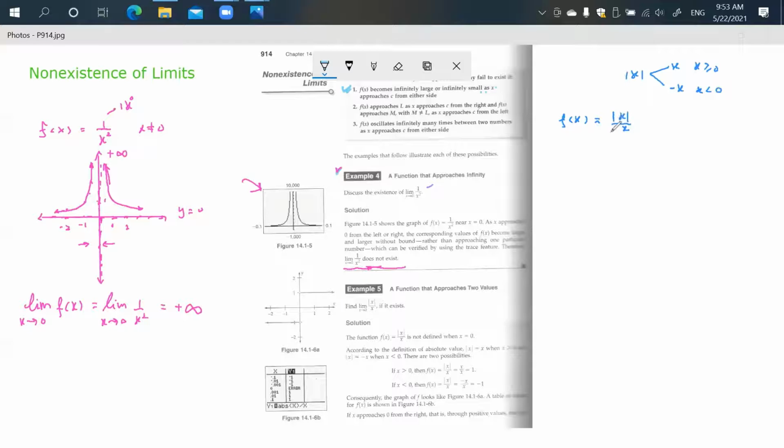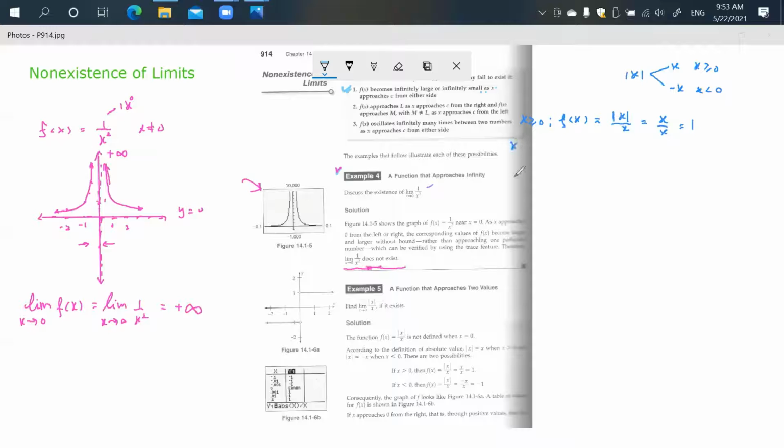Now we can apply this. f of x equals absolute x over x, so when x is greater than or equal to 0, this becomes x over x, and this equals 1.